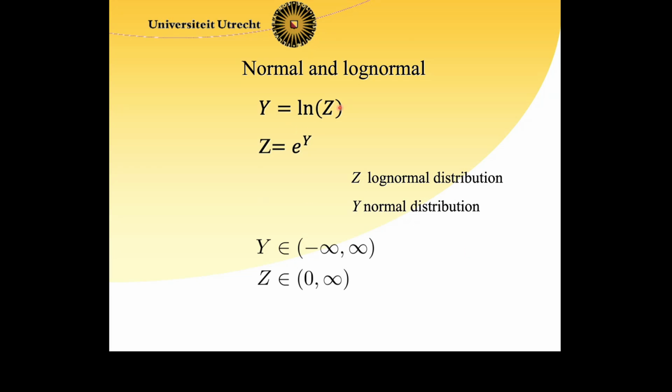So in this case, Z is a log normal distribution, which varies between 0 and infinity. If we take a natural logarithm of that, we get something that has a normal distribution that varies between minus infinity and plus infinity. And why would you do that? Well, because the properties of the Gaussian distribution are quite handy to work with, to calculate exceedance probabilities and so on. This is why it's used a lot.